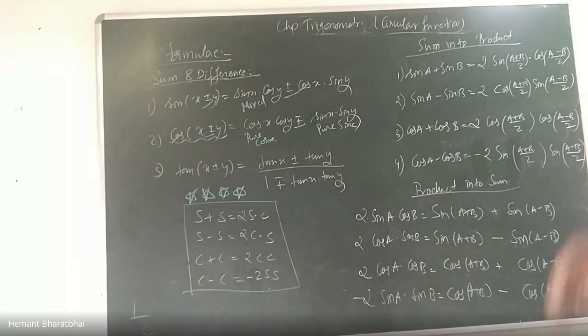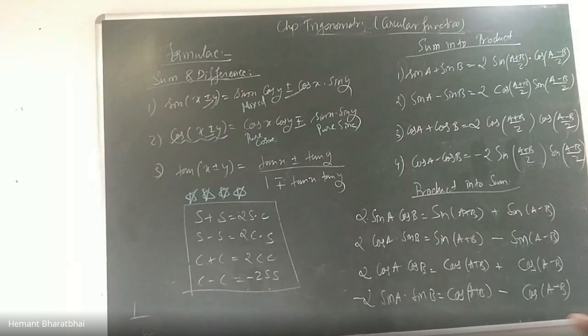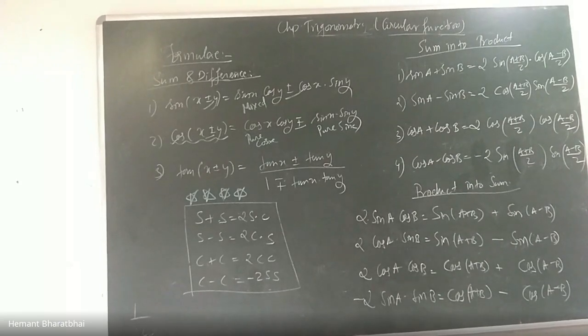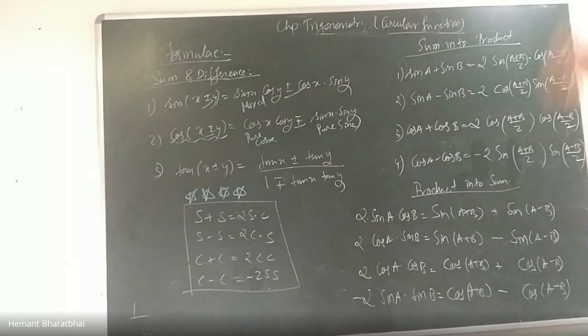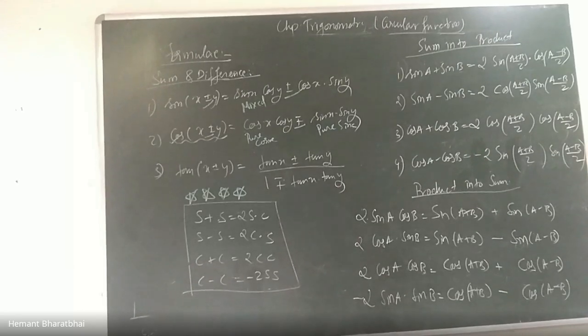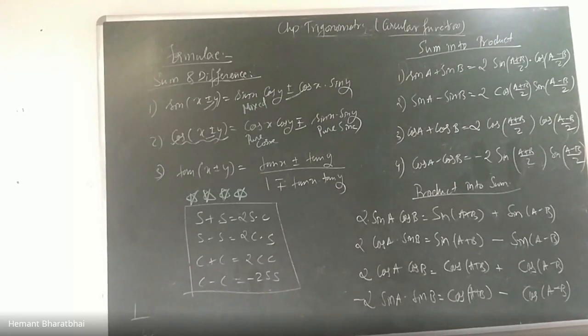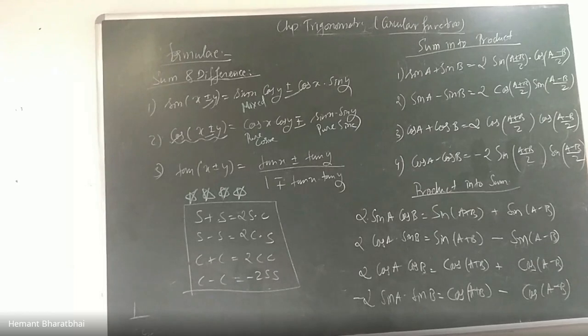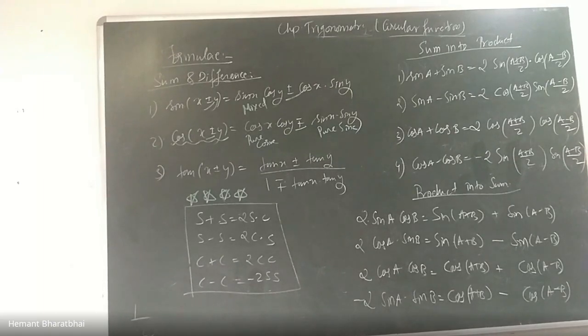S plus S is 2SC, S minus S is 2CS, C plus C is 2CC, C minus C is minus 2SS. So take the screenshot.